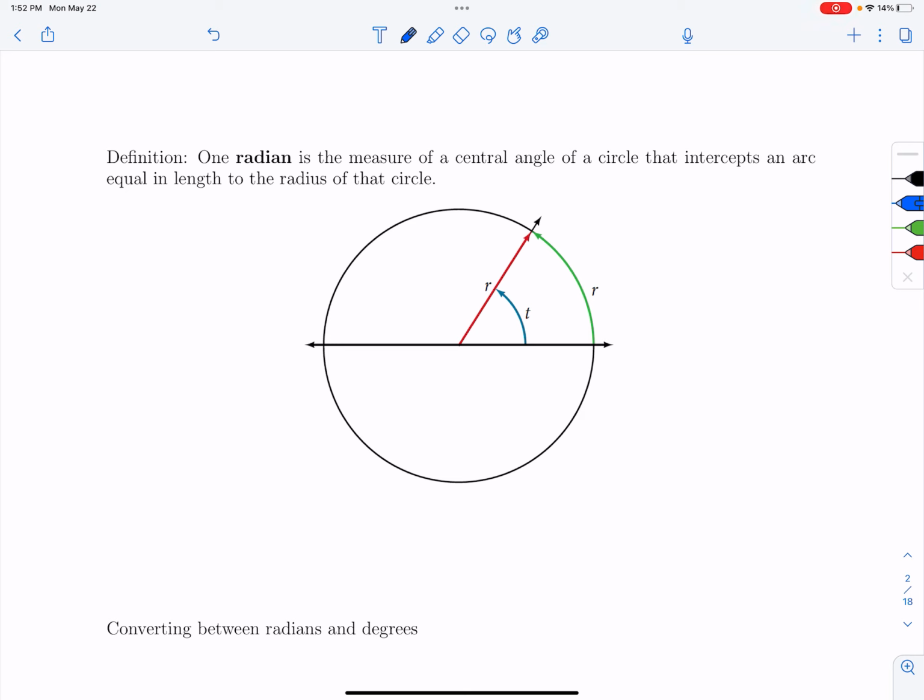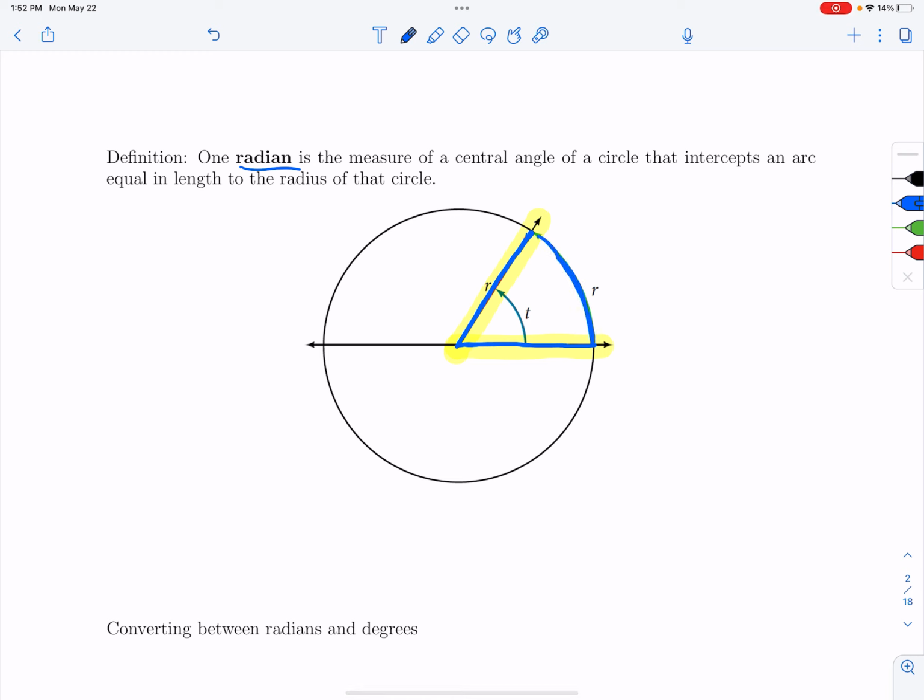So 1 radian is the measure of a central angle. This angle that I have right here is a central angle because the vertex is at the center of the circle. That angle measures 1 radian if the radius, here's the radius of this circle, from the center to the edge, is equal to this arc length.